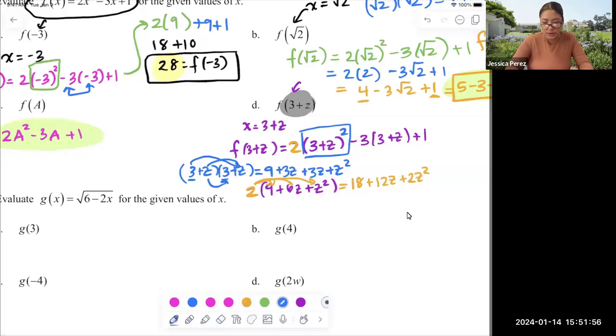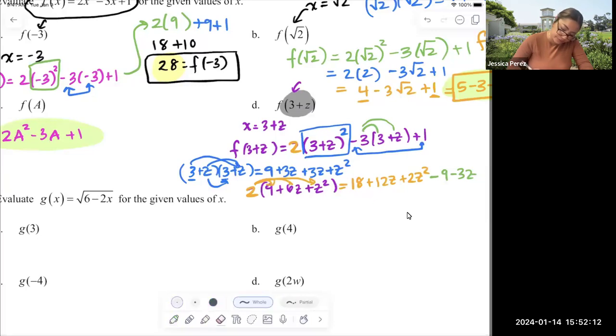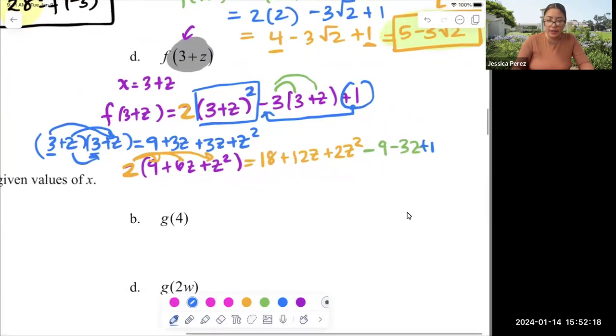And now I'm just going to bring this down. So this negative 3 will distribute: minus 9 minus 3z. We just want to carry over the plus 1. So now I have to combine my terms.